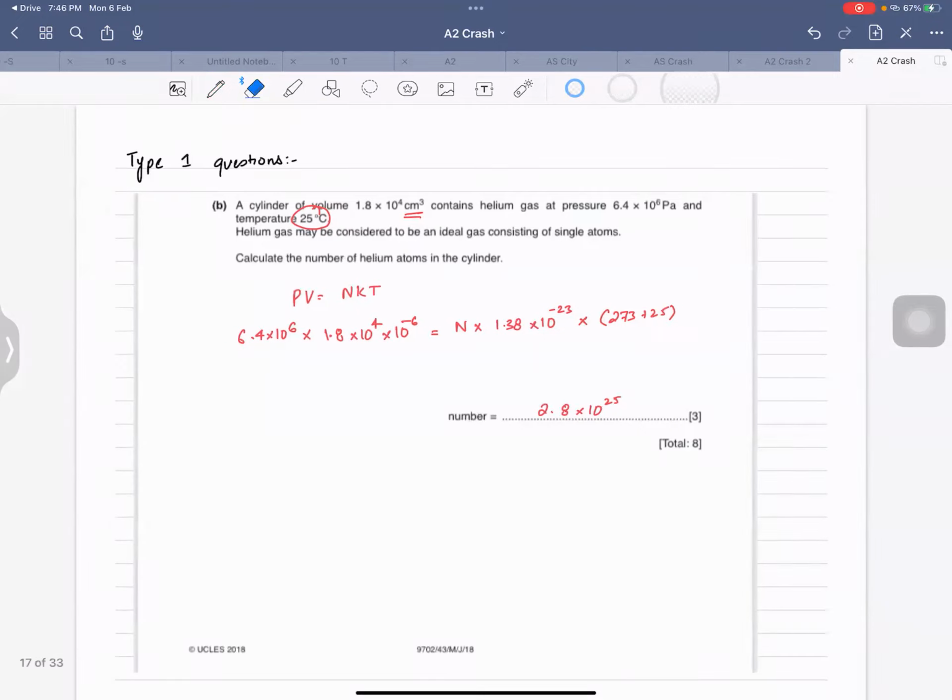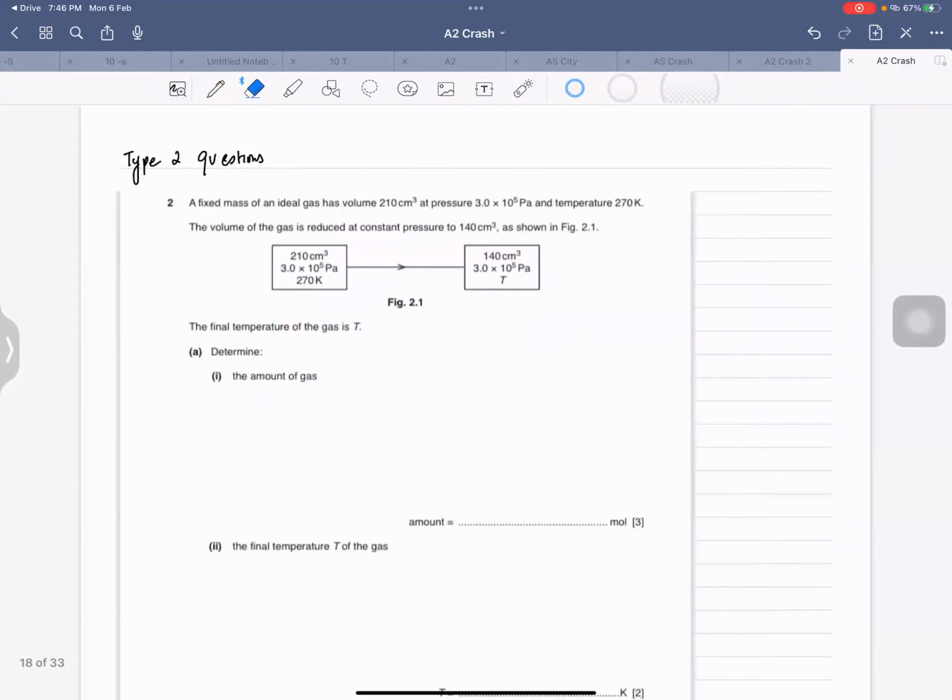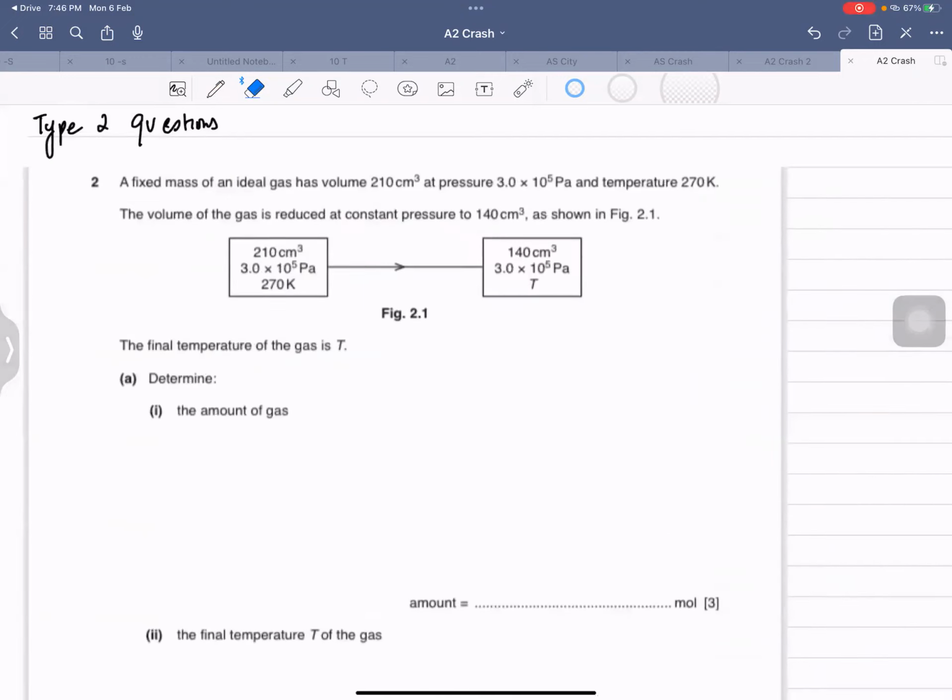Anyway, so now going to the next type. This sort of questions I really love because they're much easier than the ones we've just done. In any case, it says that a fixed mass of gas, and says determine the amount of gas. And you guys know that this is basically the amount, right?